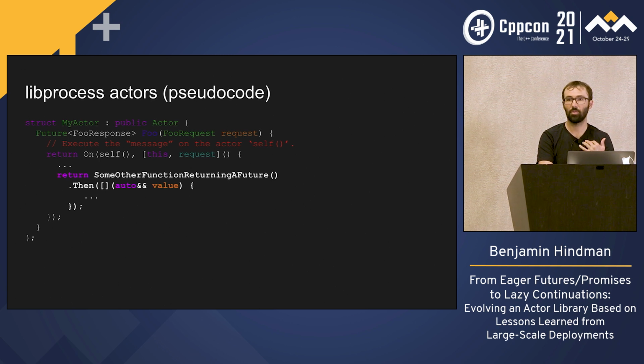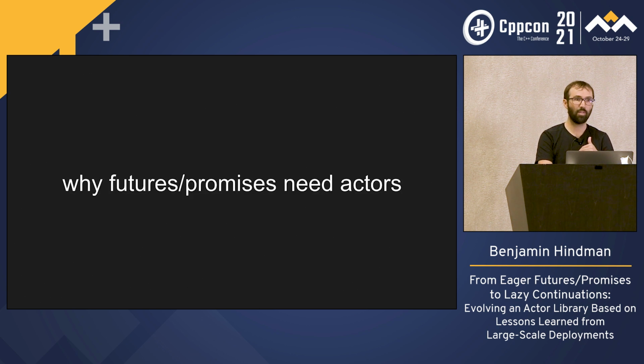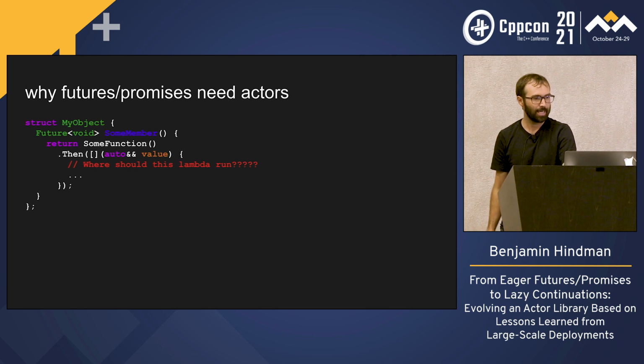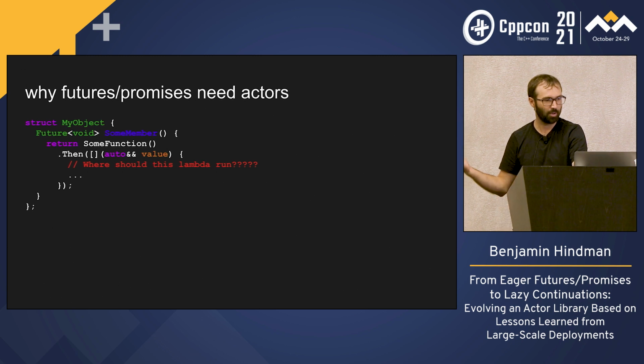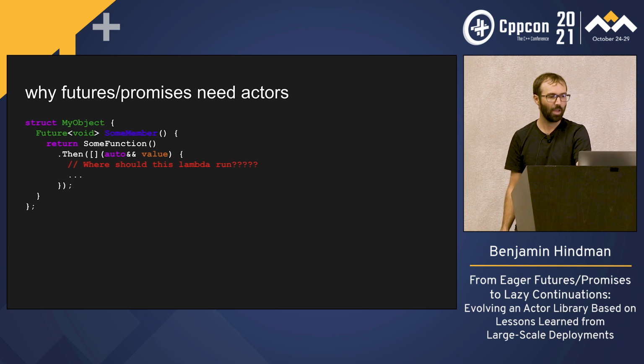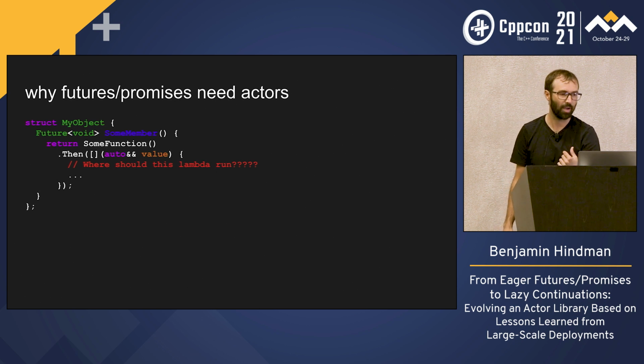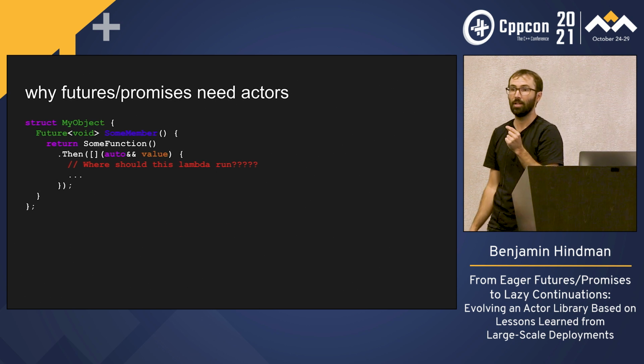Okay, all right, so actors are pretty low level, and futures and promises are a nice abstraction to combine with them. Now, why do futures and promises need actors? If instead of actors we had something like this, some struct object with some member function returning some future, we have to ask a really fundamental question, which I think is one of the reasons why then hasn't made it into standard C++.